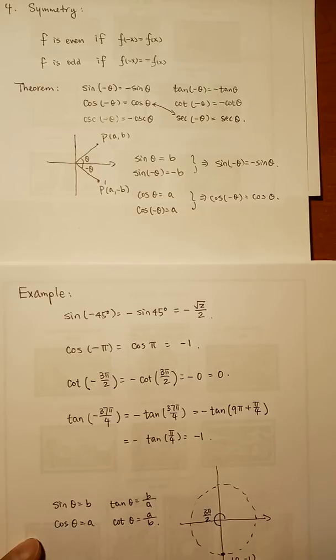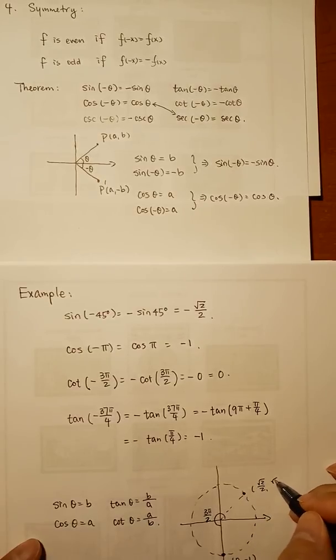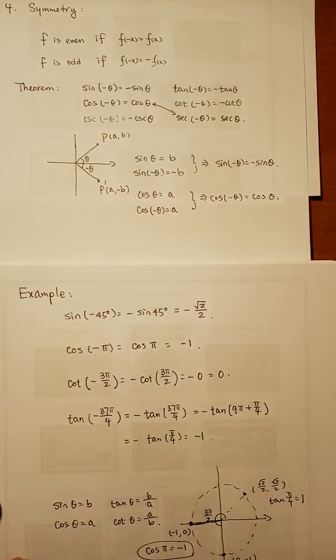So that gives you cotangent of 3 pi over 2 equal to 0 over negative 1, equal to 0. And tangent pi over 4 is here. This is square root of 2 over 2, square root of 2 over 2, so tangent pi over 4 is equal to 1. Cosine pi is here. It has x coordinate negative 1, y coordinate 0. So that's why cosine pi is negative 1. If you still don't memorize the table, just use this unit circle to get the answer.